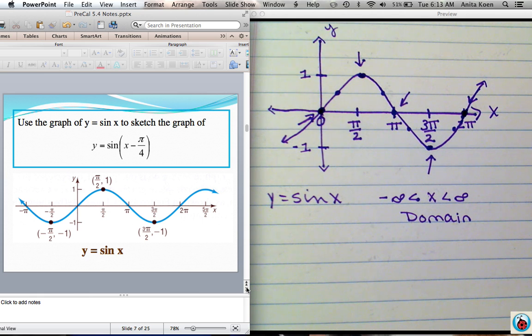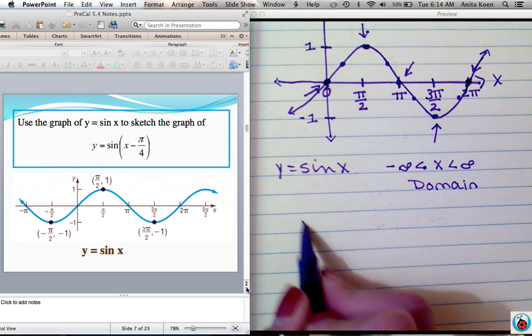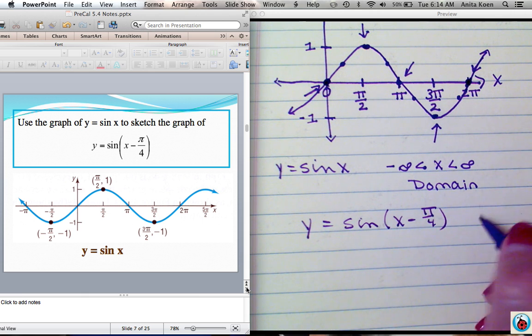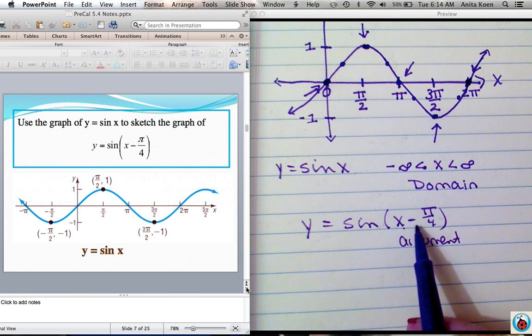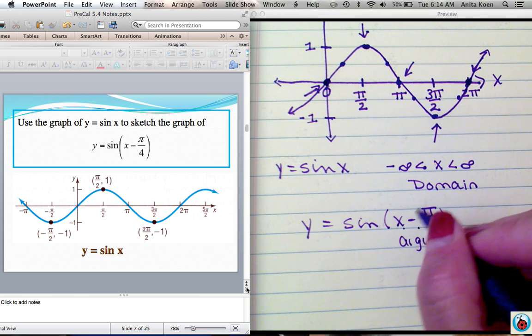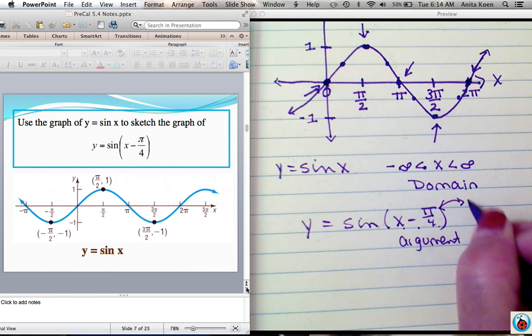Now, we can use the graph of y equals the sine of x to sketch any sine function using the transformations that we talked about yesterday. So if I look at the graph of y equals the sine of x minus pi over 4, I hope you realize that the argument is x minus pi over 4, which means that we are adding this negative pi over 4 inside the function.